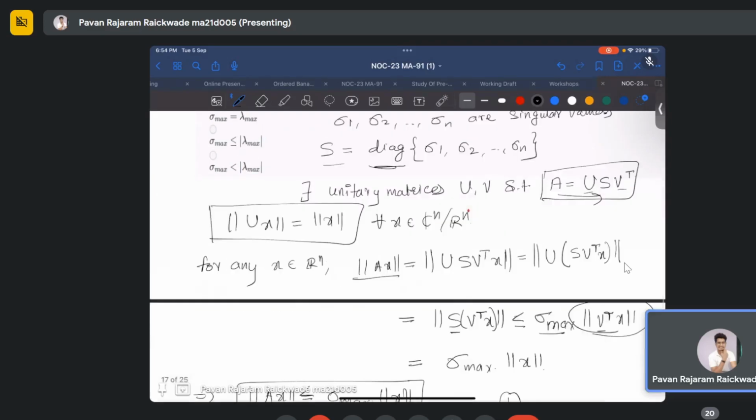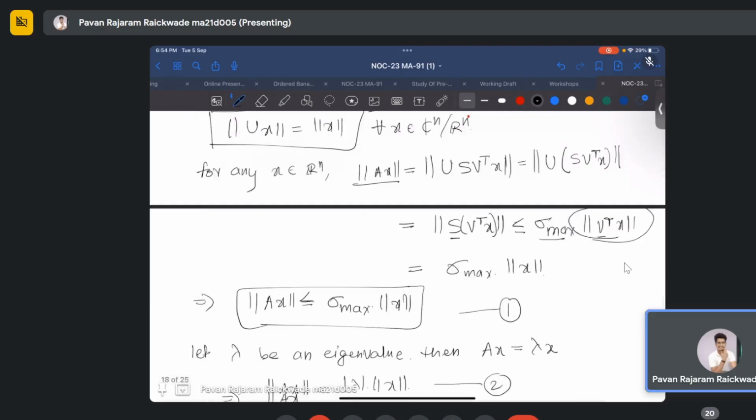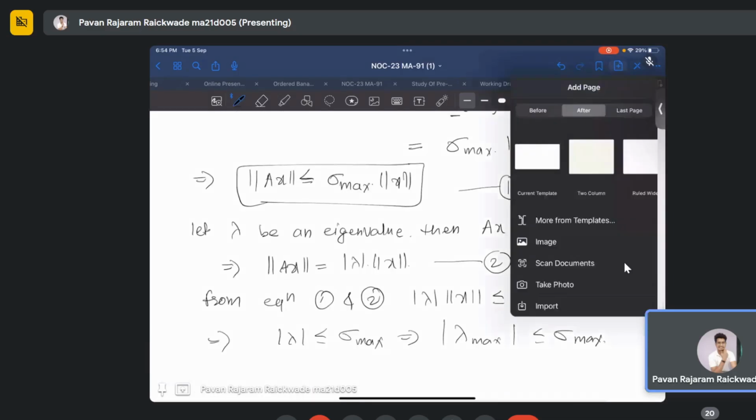Yeah, this question was somewhat involved. The important property that you should have observed is that norm of Ux equals norm x for every x if U is an orthogonal matrix. Can anyone tell me the proof for this?